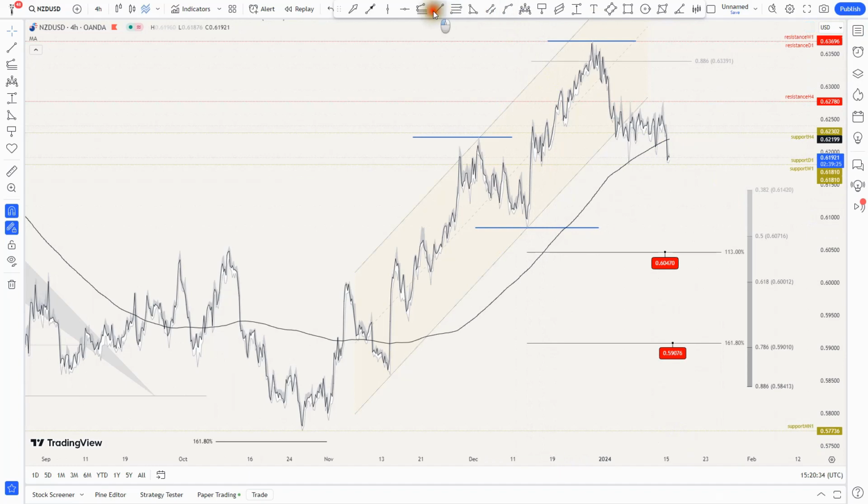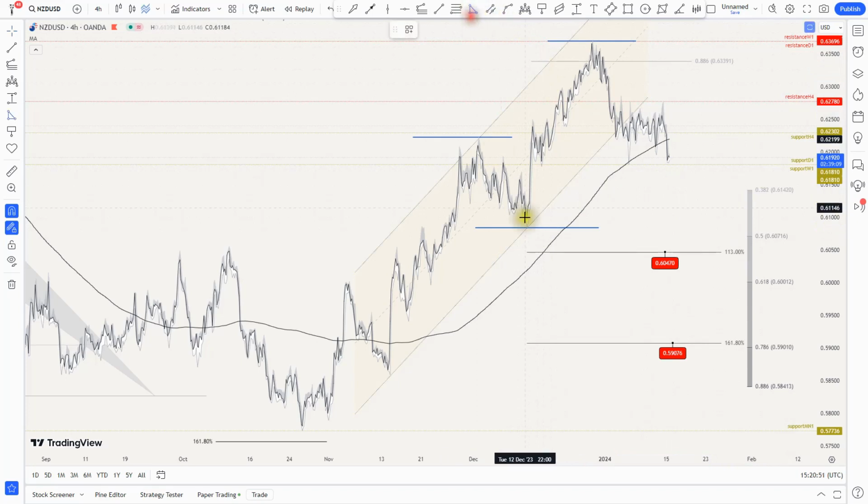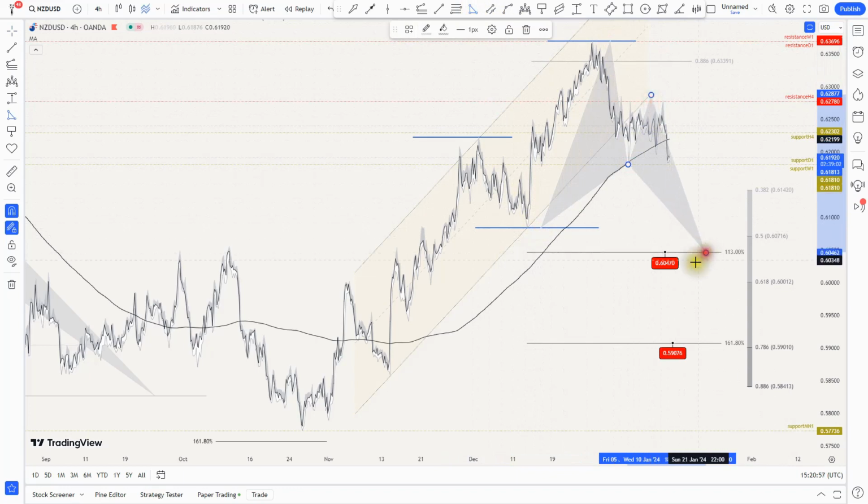We have also a symmetrical projection that we can use to track that move to the downside, projected from the recent resistance that also points to the previous fractal support level, and that also opens the door to form very similar patterns. The bullish alt bat pattern 60.47, or later the 59.07.